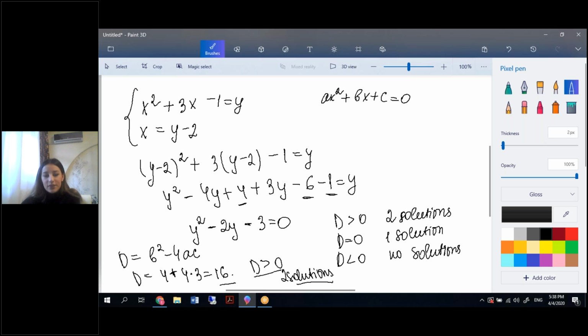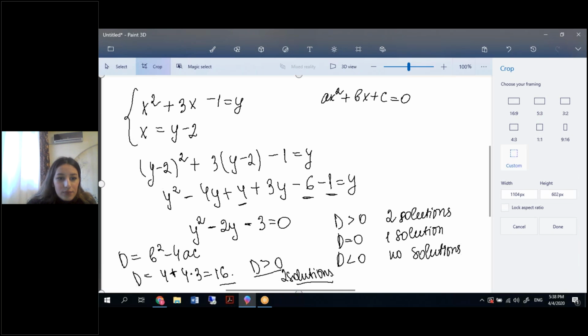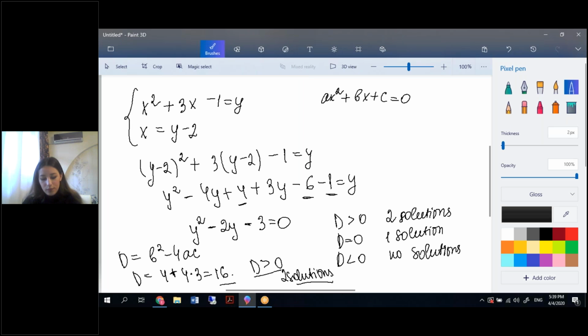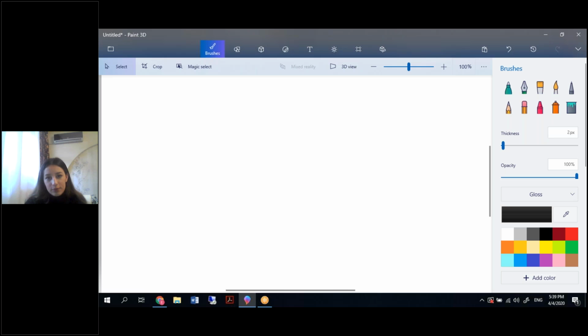But what are they? Let's find these values. So let's solve this system of equations. I will rewrite it.